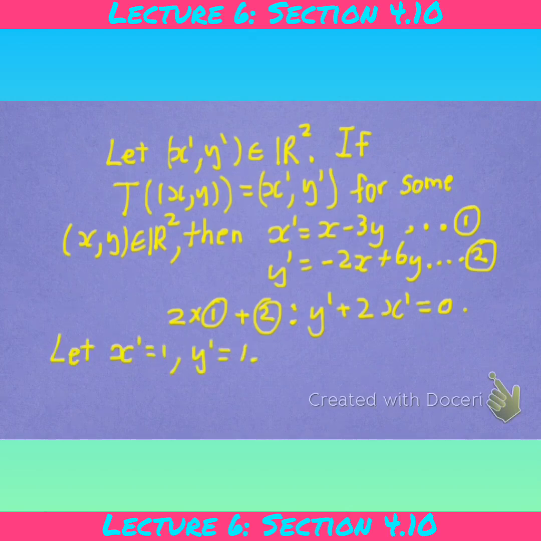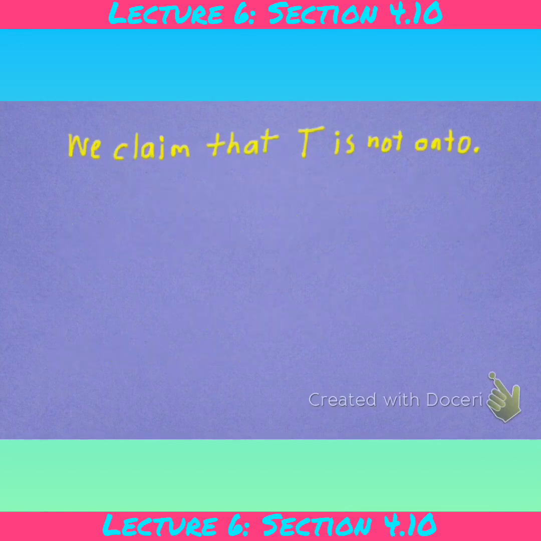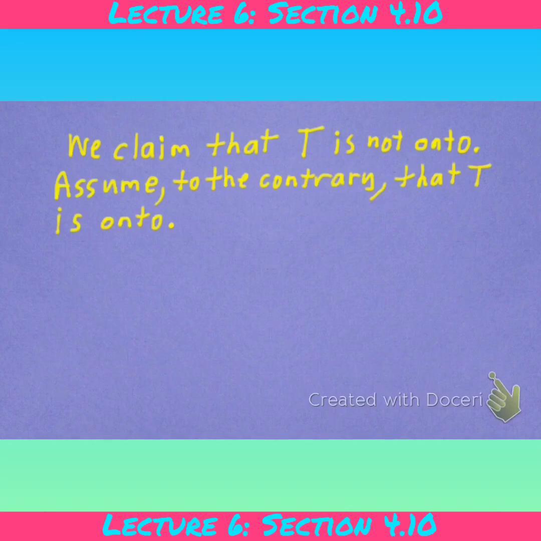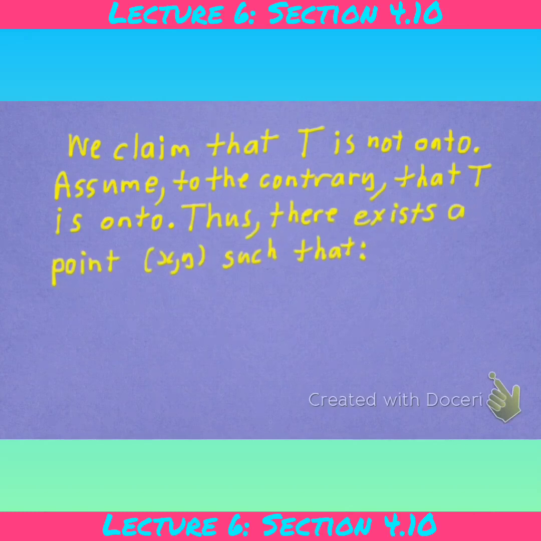Okay, so our proof can basically now proceed. Let's pick an x prime equals 1 and a y prime equals 1. Right, so I'm going to claim that T is not onto. Let's assume to the contrary that it is. Well, then there exists a point xy such that T of the point xy is equal to the point that we chose, which is 1, 1.